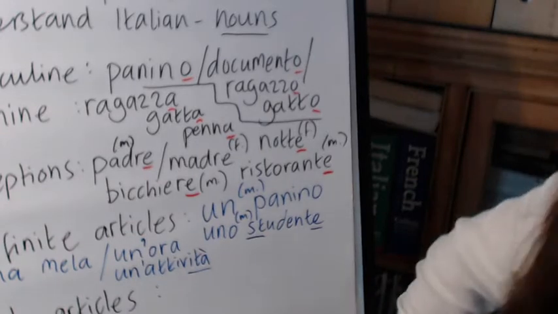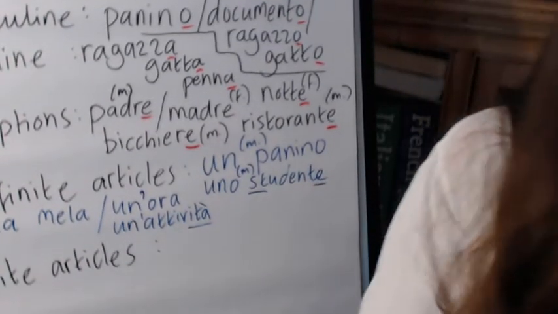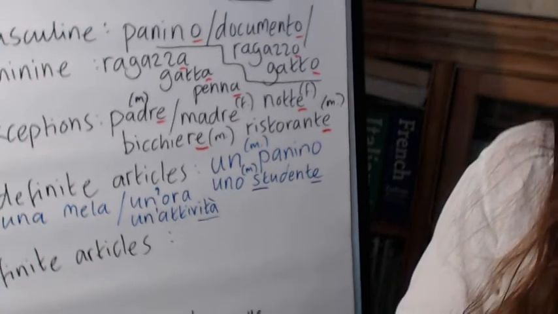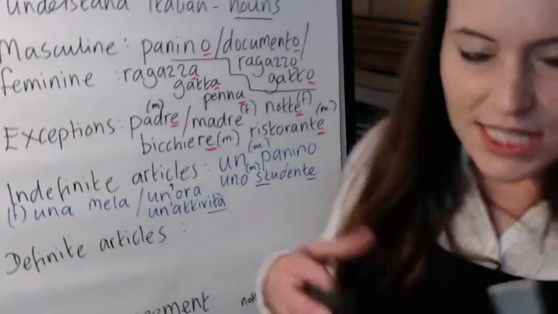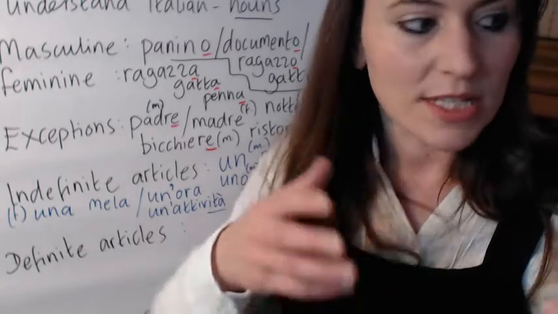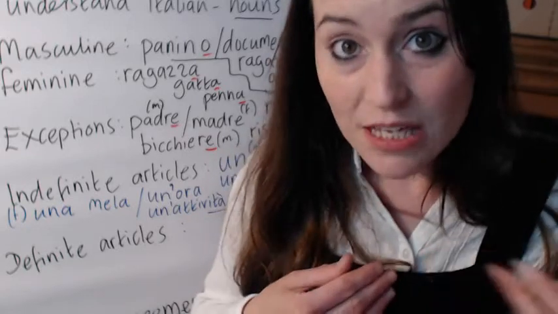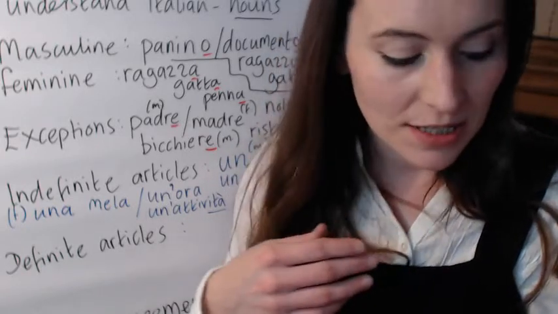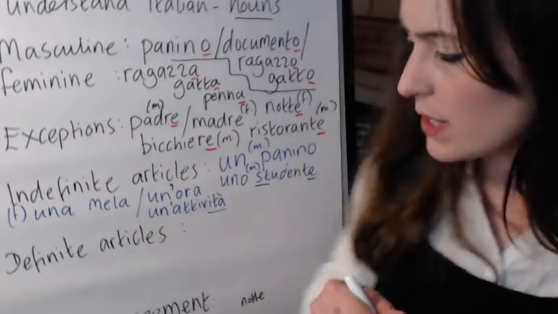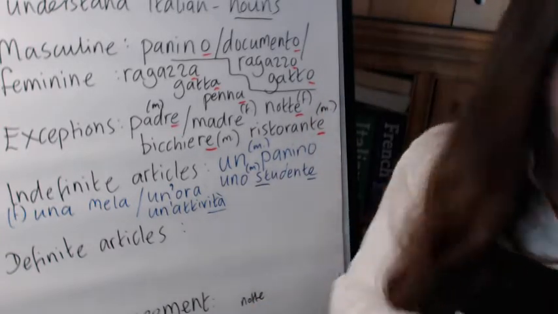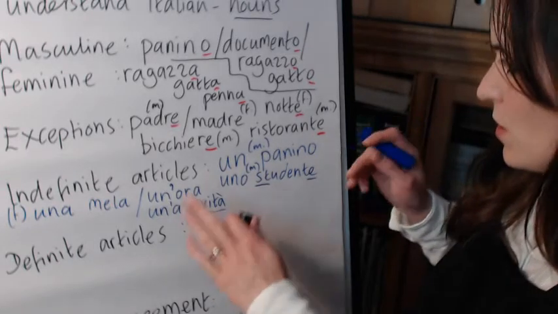So the next thing are definite articles. I'm going to come down here a little bit. I'm going to zoom out. Ecco qua. So this is the bit. These are the Italian ways of saying what we would say as the in English, okay? So you'll probably know a few of them. Let's start off with regular masculine nouns.